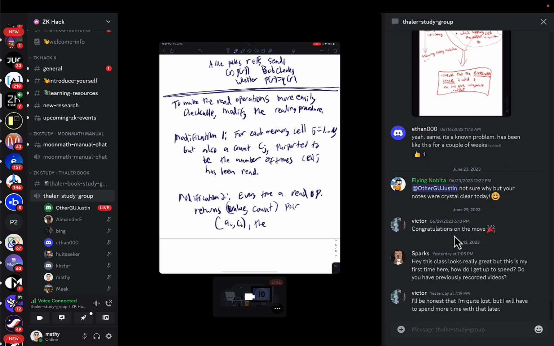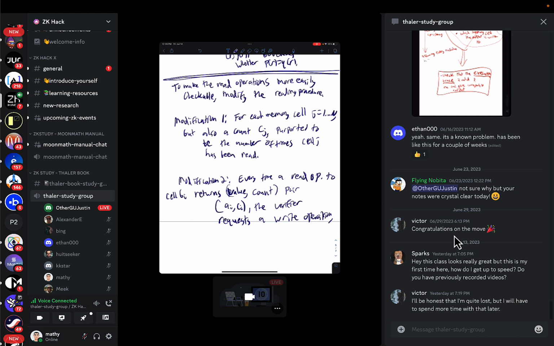The verifier is going to immediately follow that read with a write operation. So let's say the read op is to cell BI.